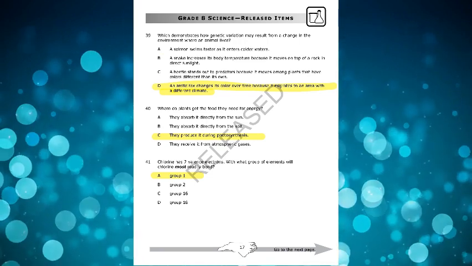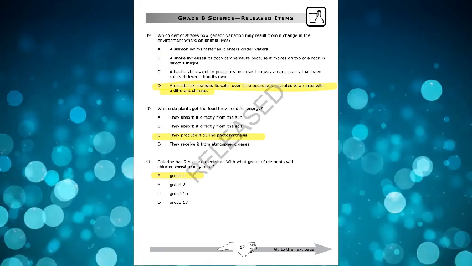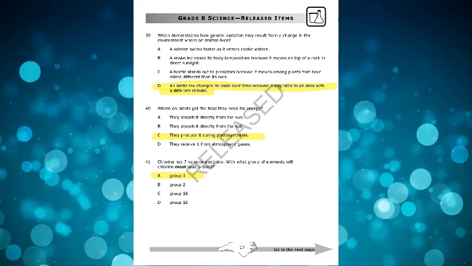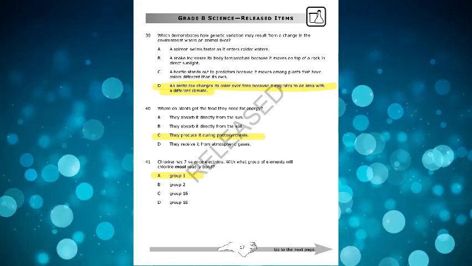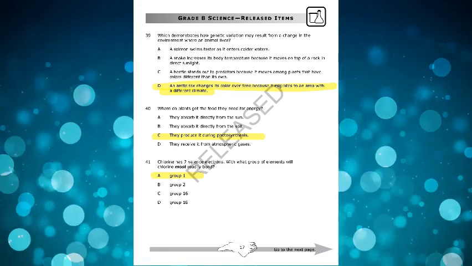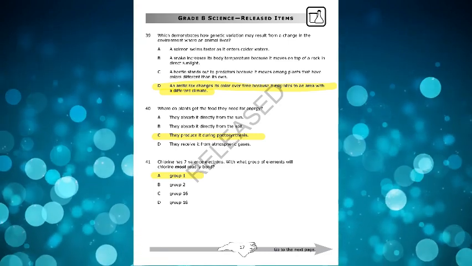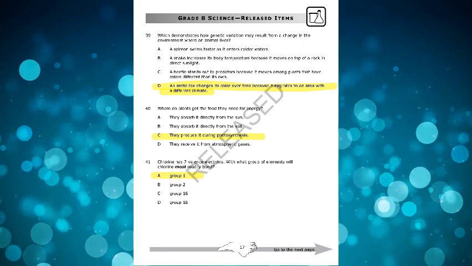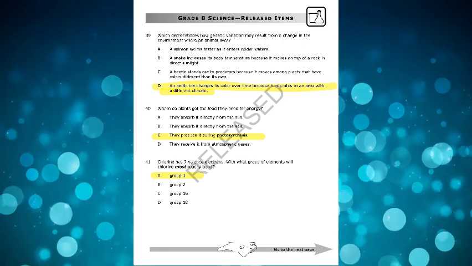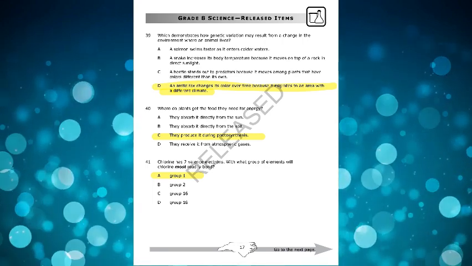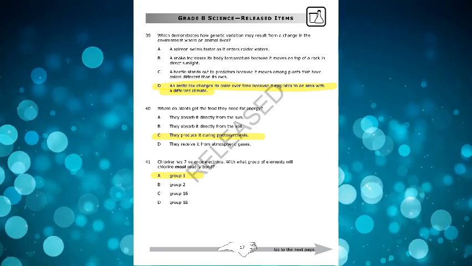So, which demonstrates how genetic variation may result from a change in the environment where an animal lives? Again, when we talk about genetic variation, we talk about a change in a population's DNA, right? So we're looking at a change over time and change in the organisms themselves.